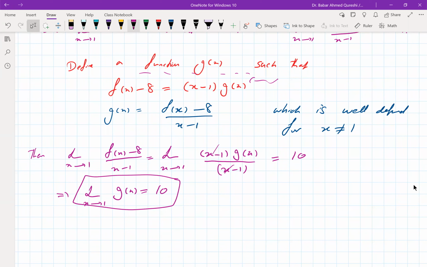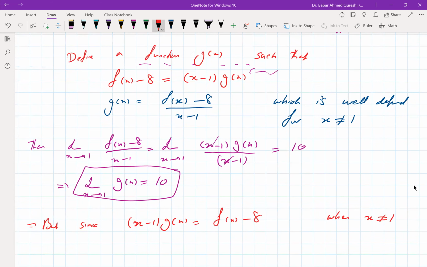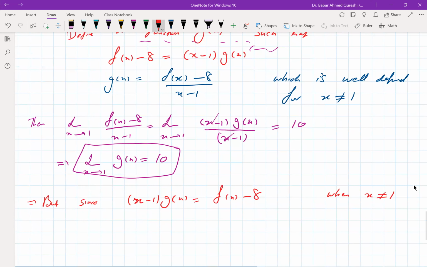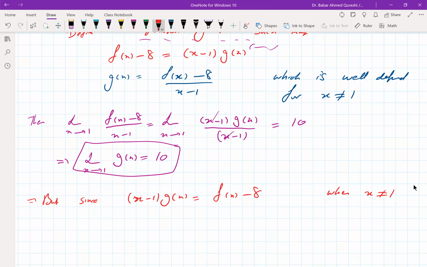But since x minus 1 times g of x is equal to f of x minus 8 when x is not equal to 1, the limits must be equal because they are equal when x is not equal to 1.